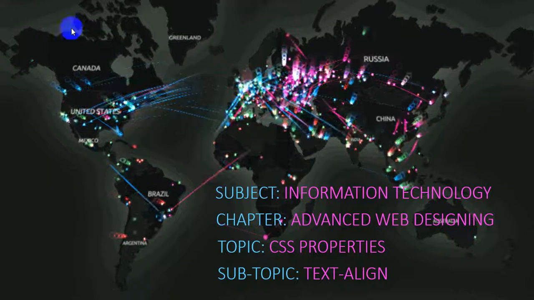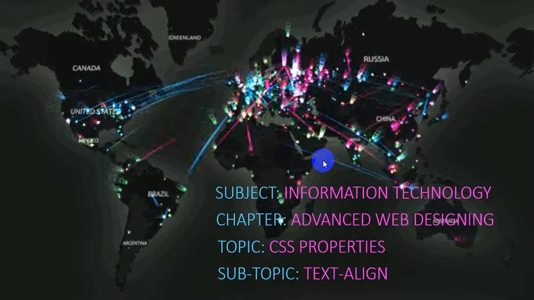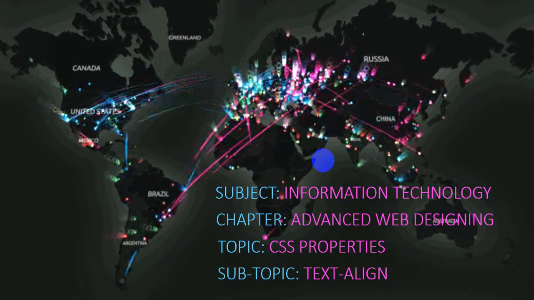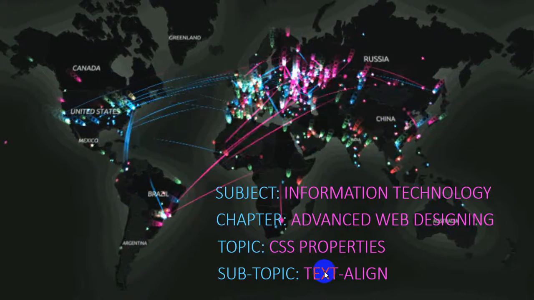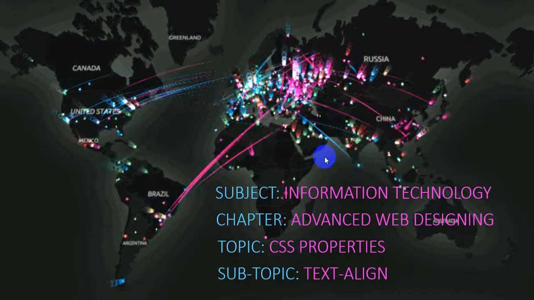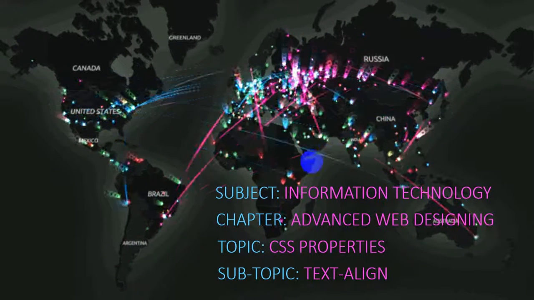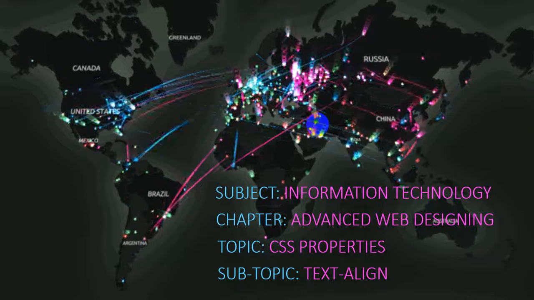So if I consider this is my whole web page, I can set my text, my paragraph, or my word, sentence, whatever you can say. The correct word is text. So now I am going to put my text on my web page. There are three ways, or you can say four ways, to arrange your text in your web page.